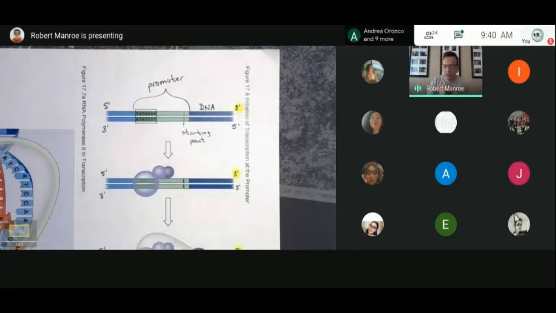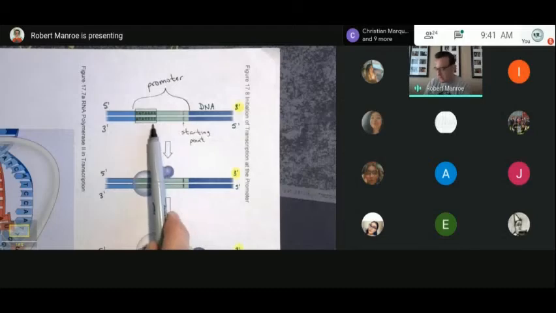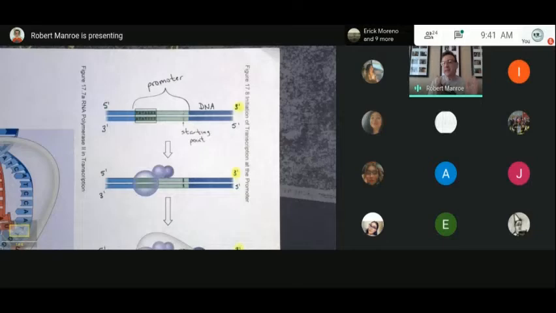Now, inside of the promoter region, upstream from the gene, because the gene that's actually being transcribed is here, this is considered upstream. Upstream from the gene is a series of adenines and thymines, a lot of them, okay?